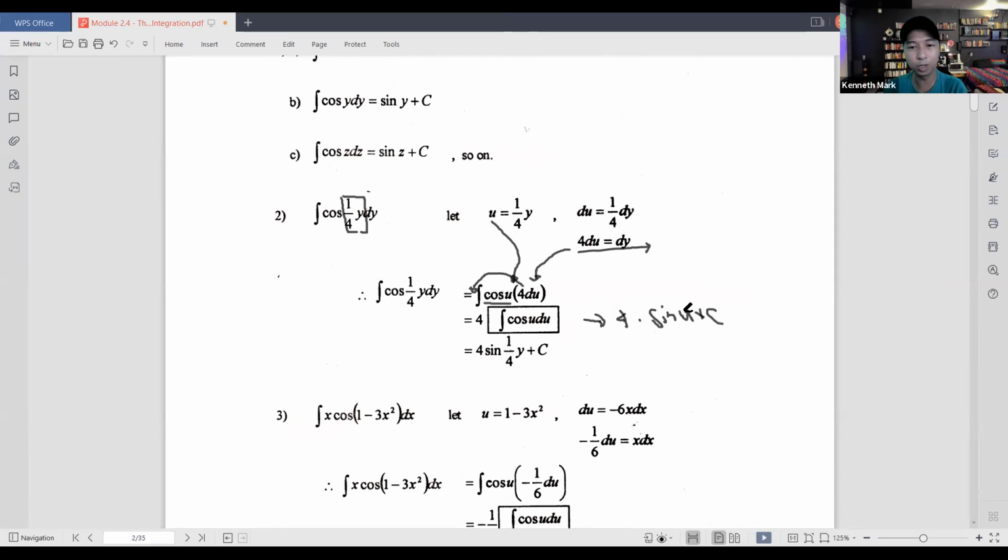Then, yung u mo dito, ito yun. So, babalik natin siya dito. So, therefore, you will have 4 sine 1/4 y plus c. So, this will be your answer.